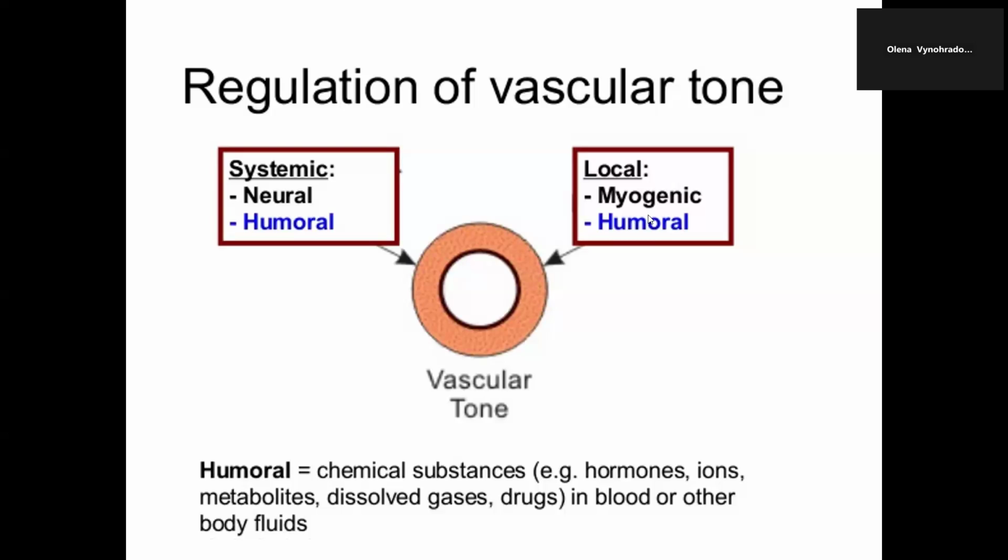Myogenic regulation happens in the following way. If we measure the tone of a vessel inside the body, the vessel will have a certain diameter, because it is under local regulation and under systemic regulation from humoral and neural factors.